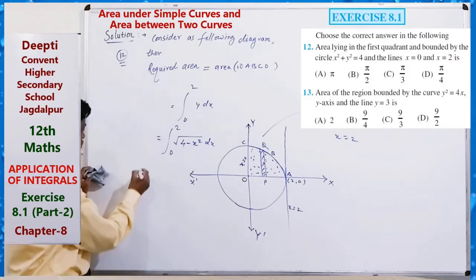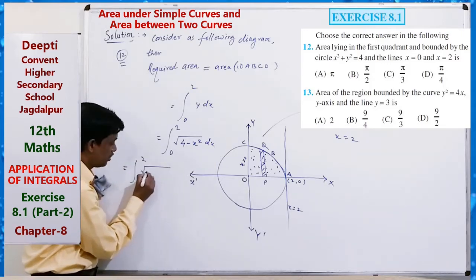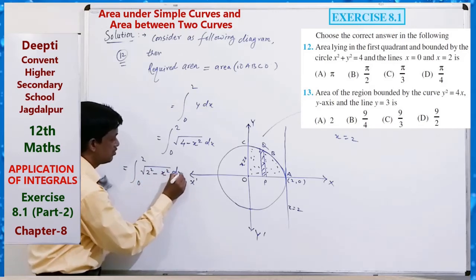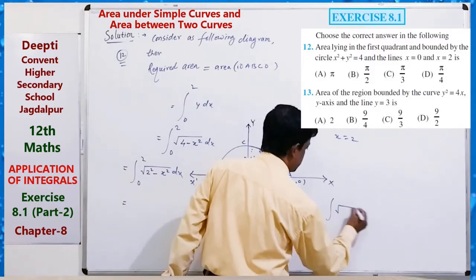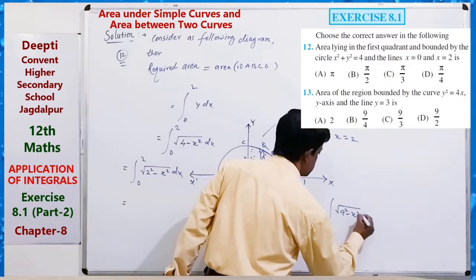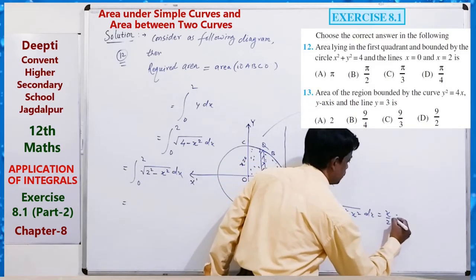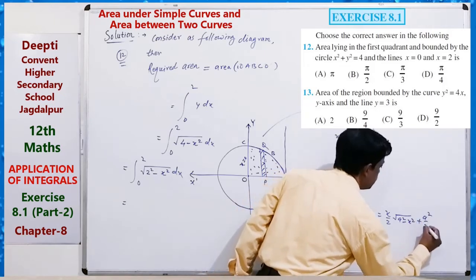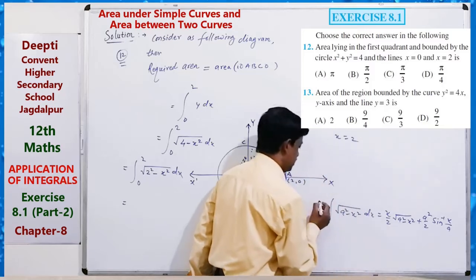Now we have to find the value of this integral, root of 2 square minus x square dx. The formula: integral of root of a square minus x square dx equals x by 2 root of a square minus x square plus a square by 2 sin inverse x by a.